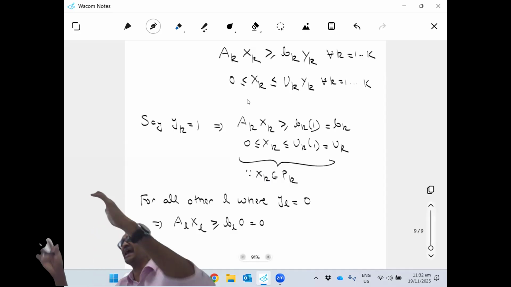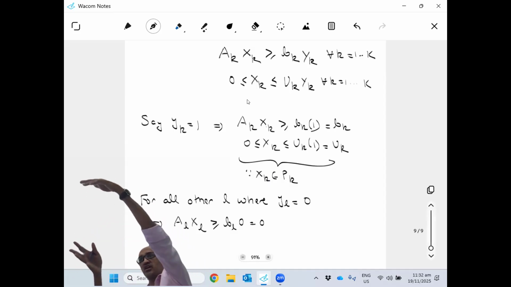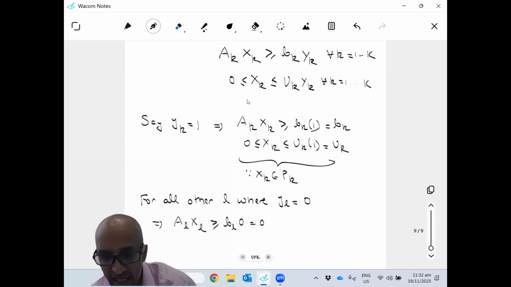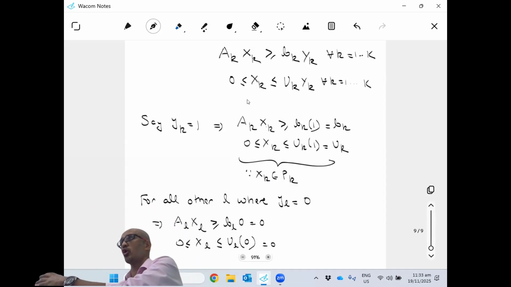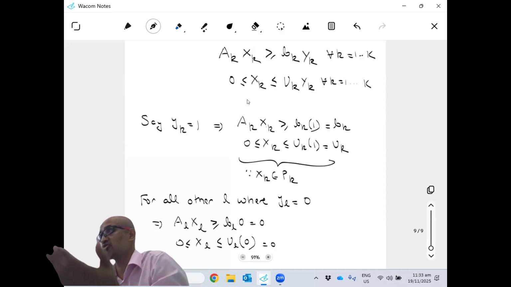So it says A times x is greater than or equal to 0. In addition, xl is between 0 and ul times yl, which is 0. So xl lies between 0 and 0, which means xl is 0.